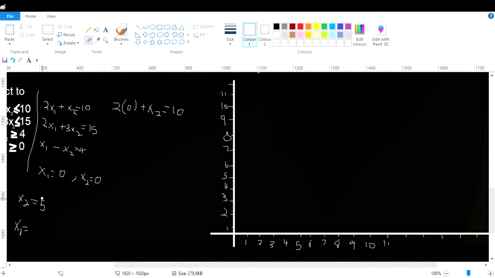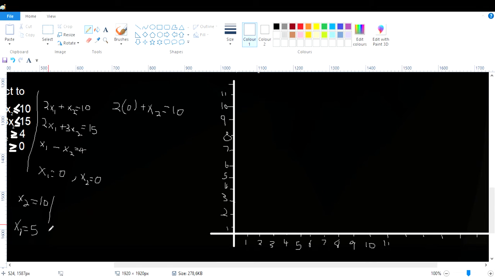Answer here is 10. Sorry for this mistake. Yeah, so answer here is 10. Then here answer is equals to 5.